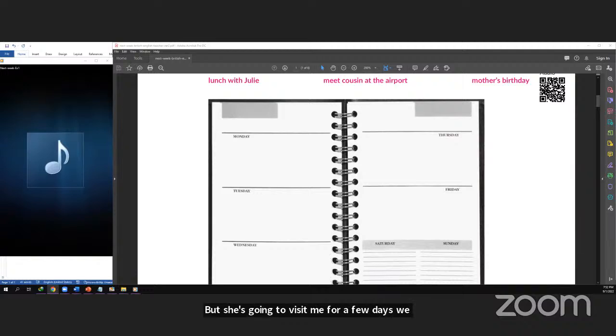We are going to do a lot of sightseeing together. Aha. Are you going to be free on Wednesday? I'm afraid I'm also going to be busy on Wednesday. It's my mother's birthday. But on Thursday, I'm free after work. Great. Would you like to go for dinner? There is a new Italian restaurant in town. My friends say it's very good. That sounds nice.